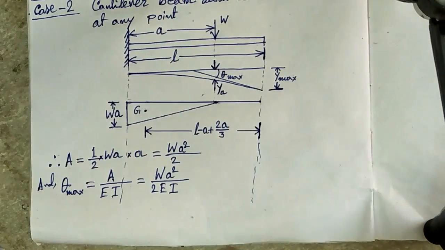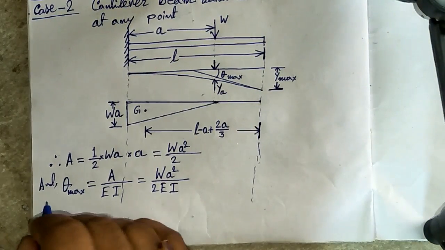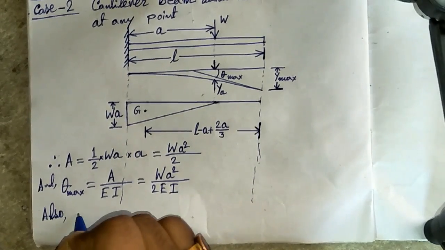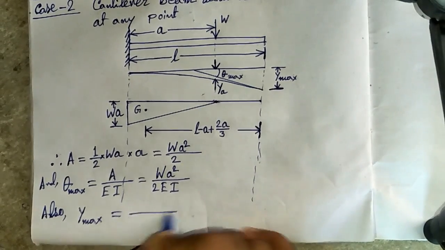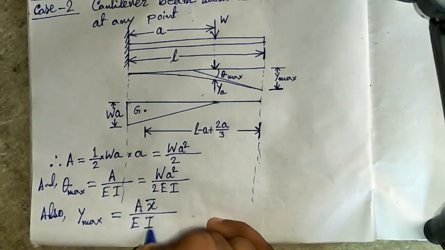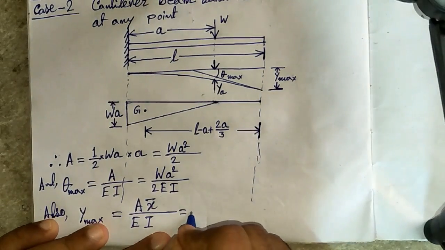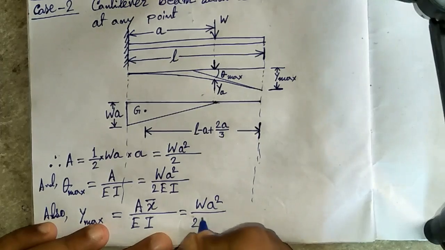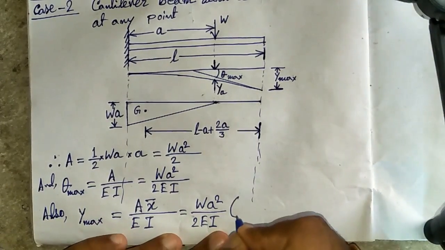Now to find the value of Y max, the Y max formula is A into X bar by EI. So now we substitute the values, and we get WA square by 2 EI into X bar.